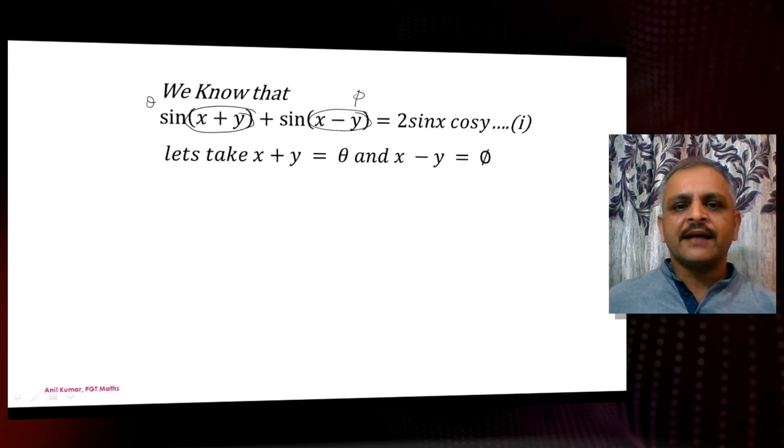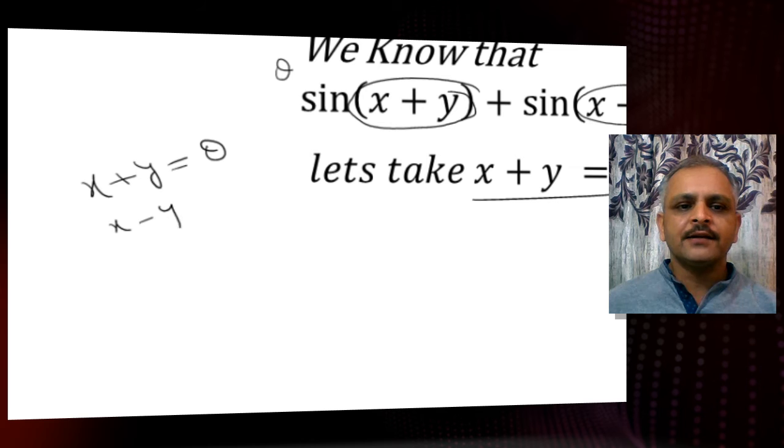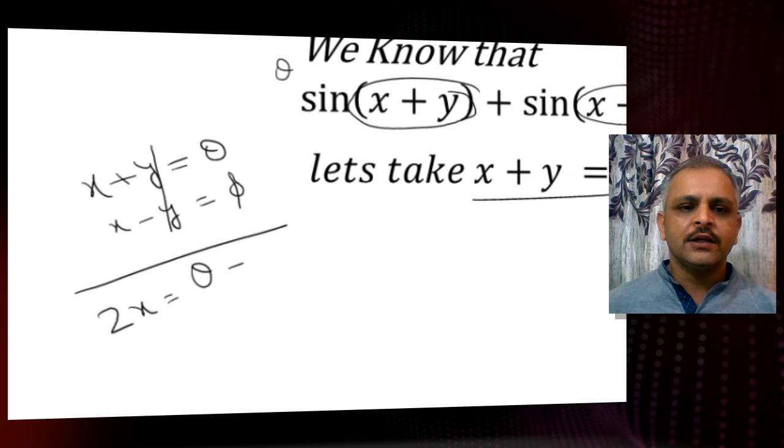So let's take x+y equal to theta and x-y equal to phi. See dear children, if x+y is equal to theta and x-y is equal to phi, and if I add them, I'll get 2x equal to theta plus phi. So the value of x will be (theta+phi)/2.